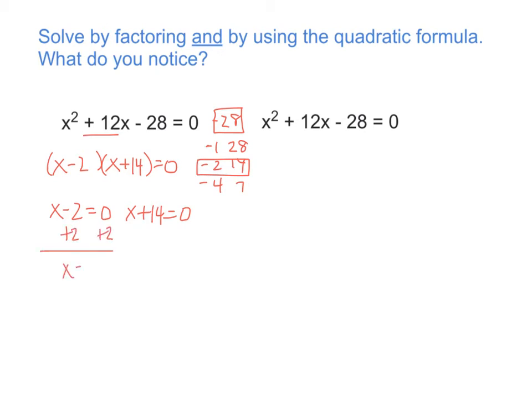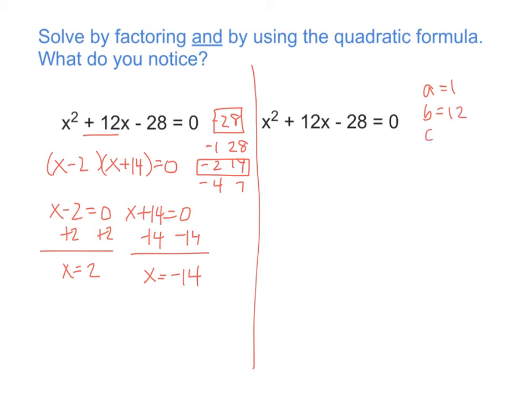So x equals 2, and x equals negative 14. Now, if we use the quadratic formula over here, where a is 1, b is 12, and c is negative 28, let's see what happens.